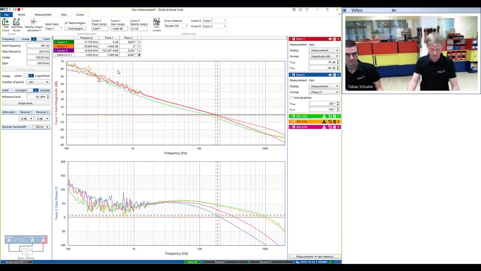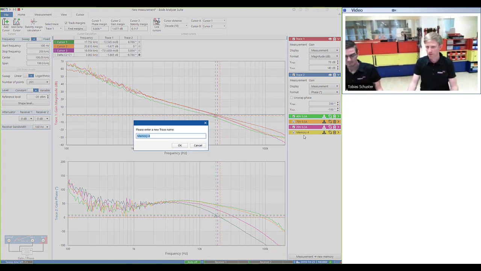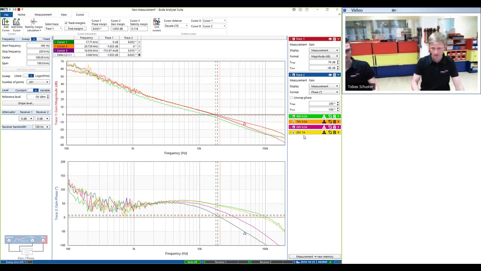Phase margin is at around 9 degrees, so that's now really bad. I put that into the memory and I call it 20 volts, 1 amp, and that's around 9 degrees phase margin, and we're gonna increase now to 40 volts and afterwards to 70 volts.